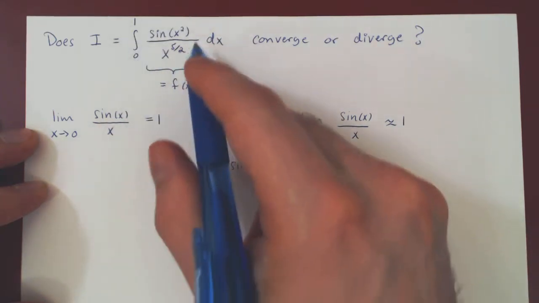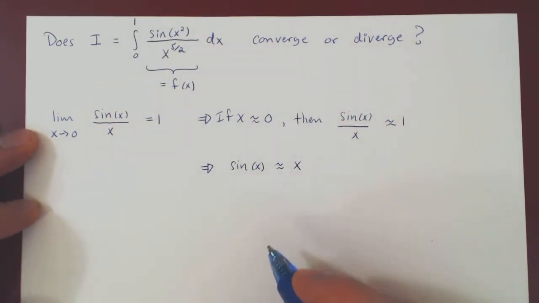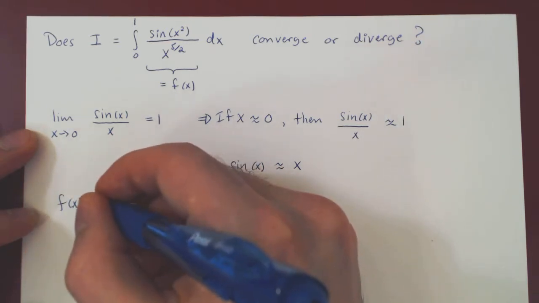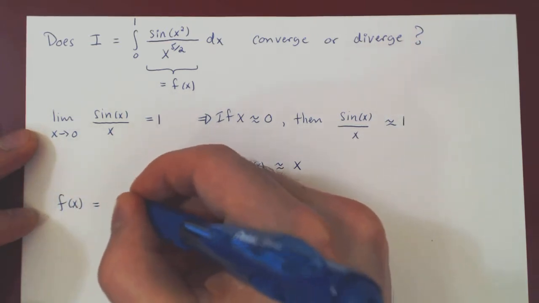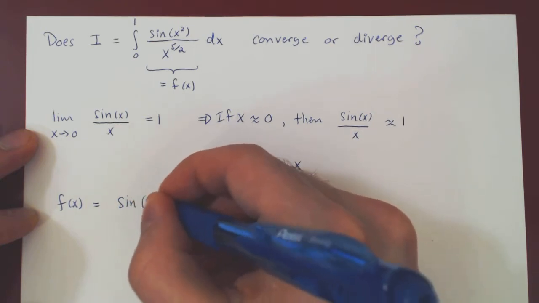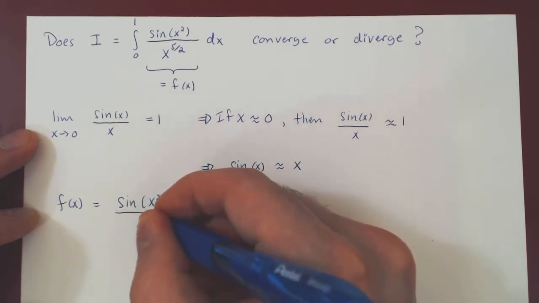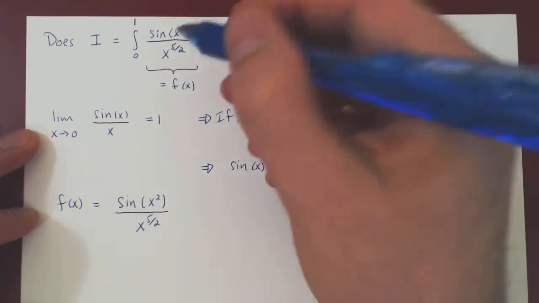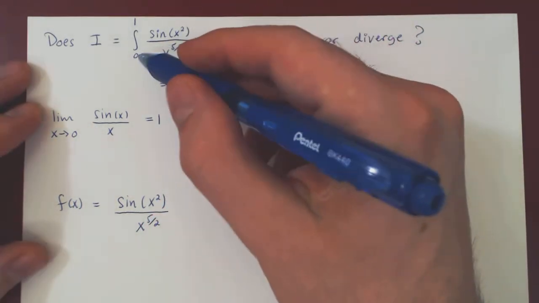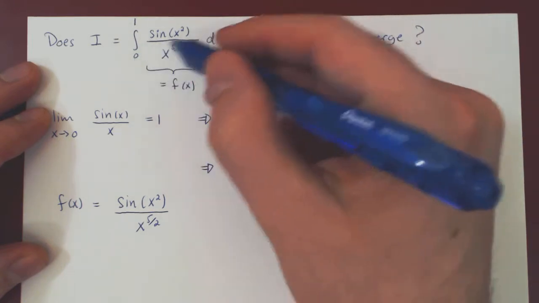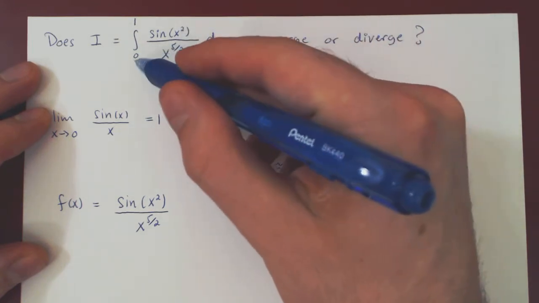So we can simplify our function f of x quite nicely with this. And again, we're only worried about values of x that are near 0. This is where we have our discontinuity.